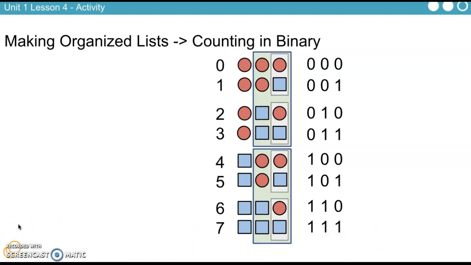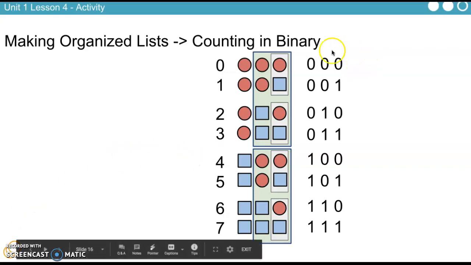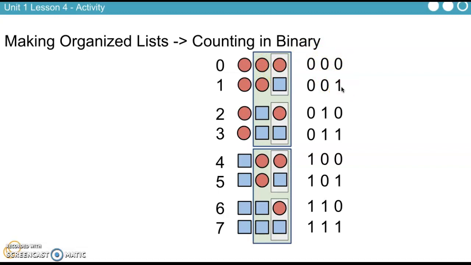So, if we consider the ones to be ones, and we go through, we have 0, 0, 0, so this would be a 0. And then we have 0, 0, 1, that's worth 1.